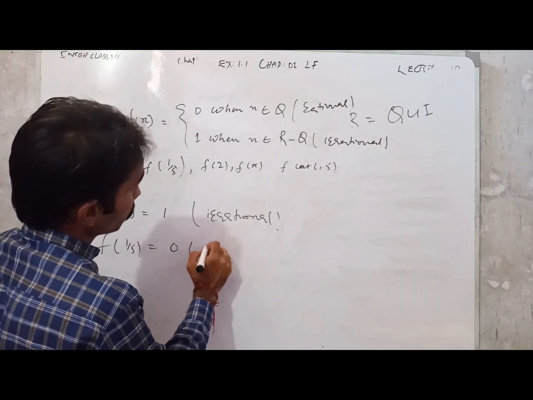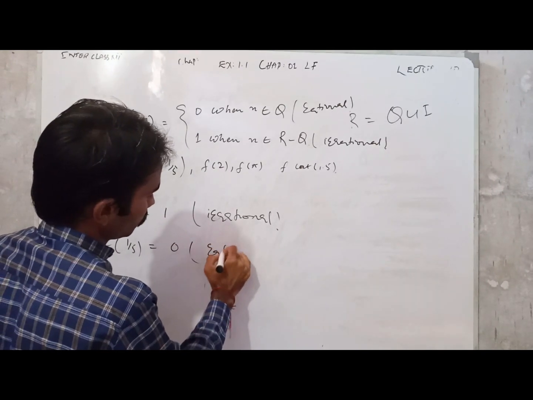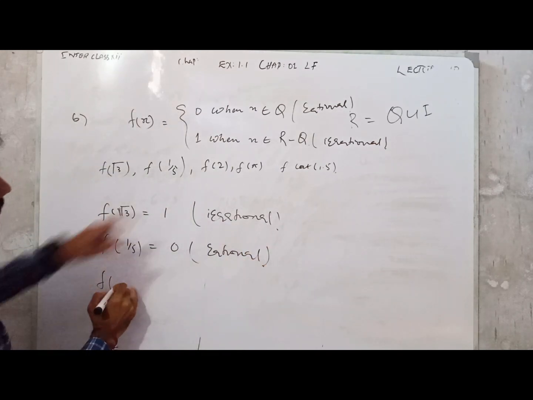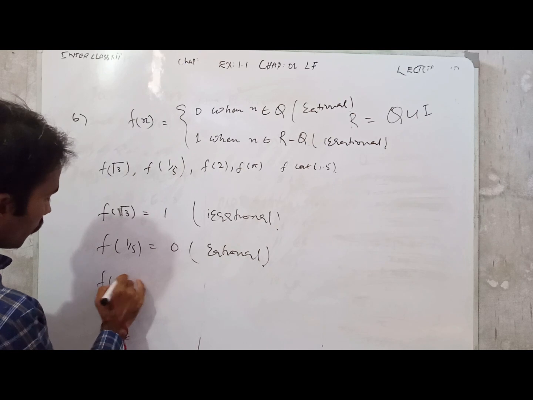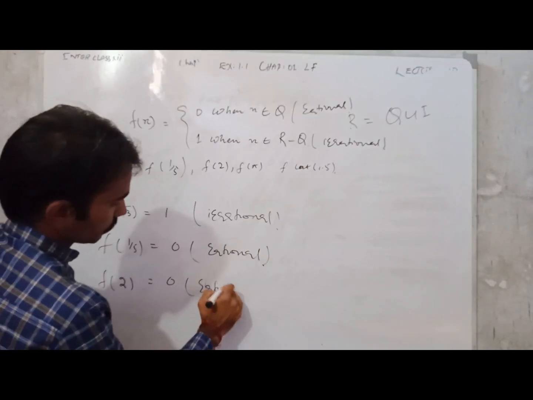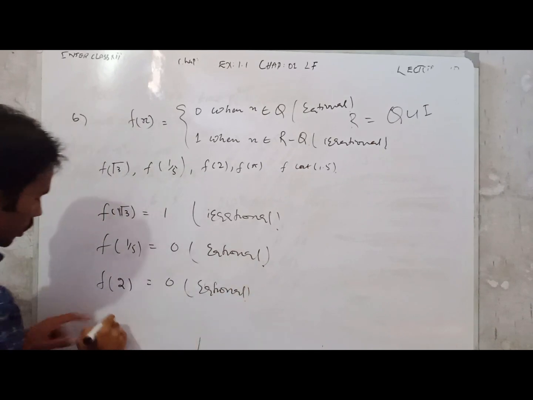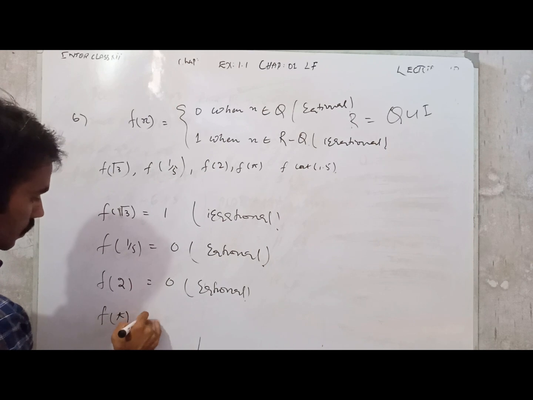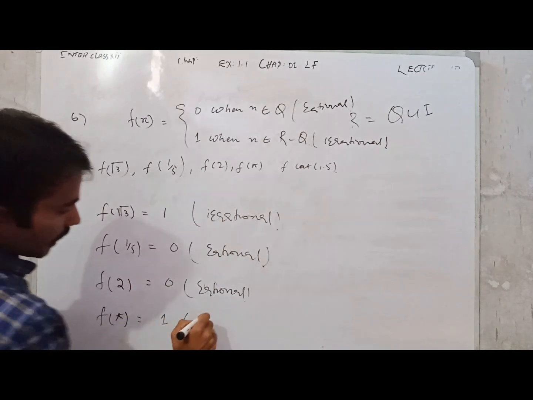It would be rational, 0 is for the rational. And f of 2 is equal to 0, it would be rational, and f of pi is equal to 1, where pi is irrational.